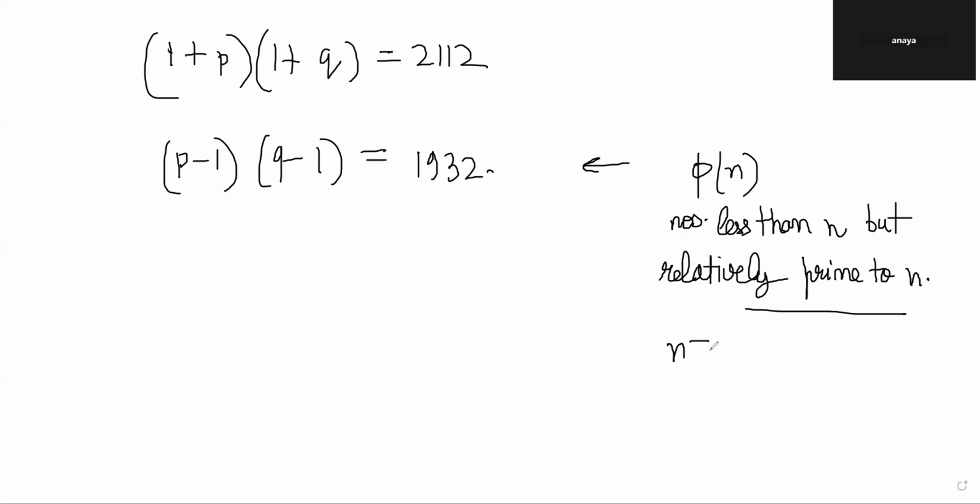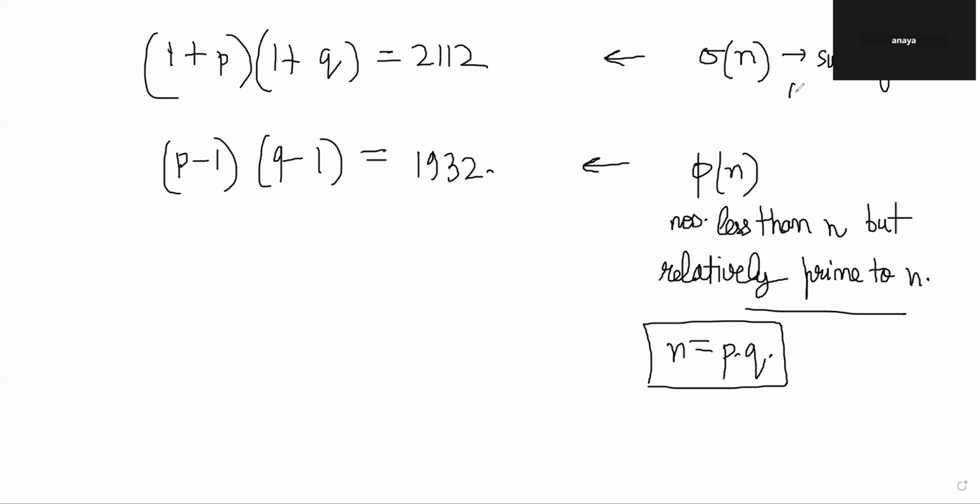And here n was written in the form p into q, and this was our sum of all divisors of n. So from these two equations, now we can try to find out what is the possible value of p and q.